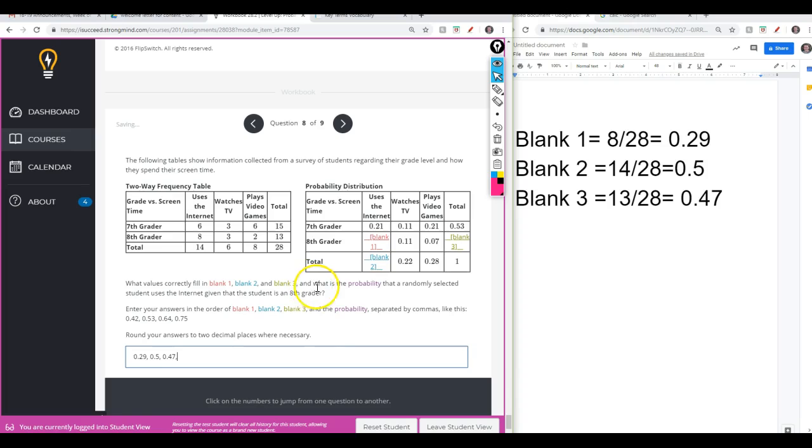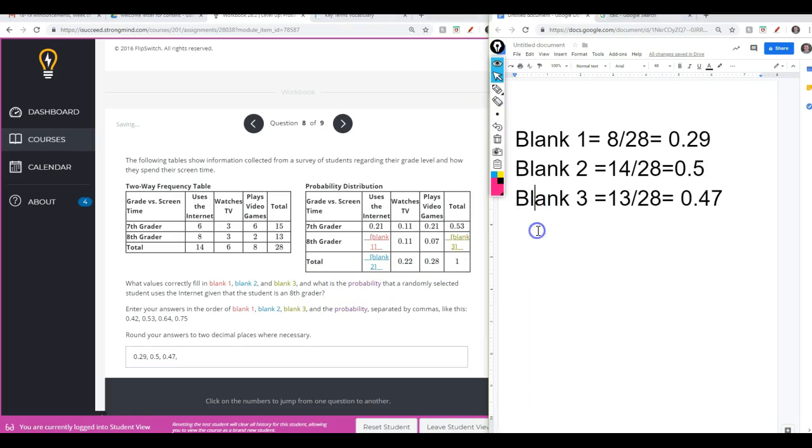All right, now this is the one we can't do, the probability that they were using the internet given 8th grade. Again, remember that when it uses this word given, that is restricting the total number of people now.